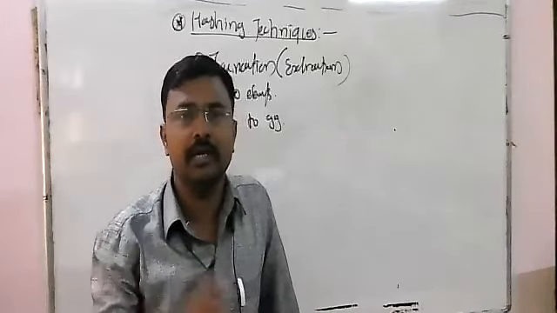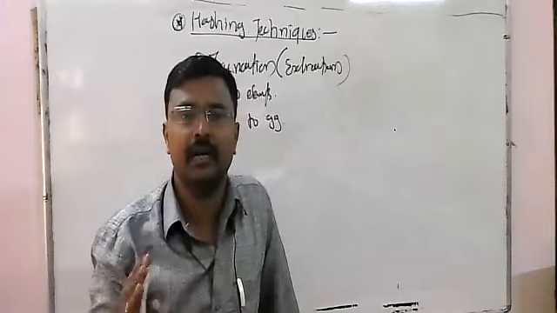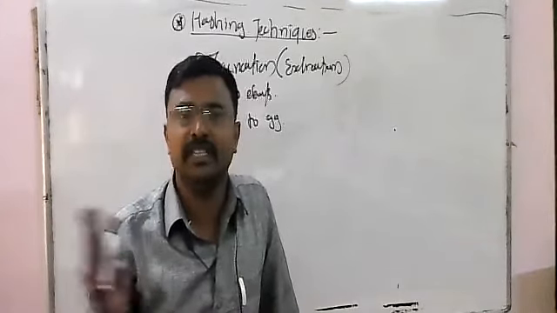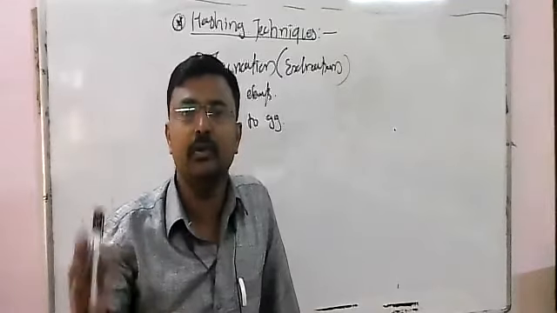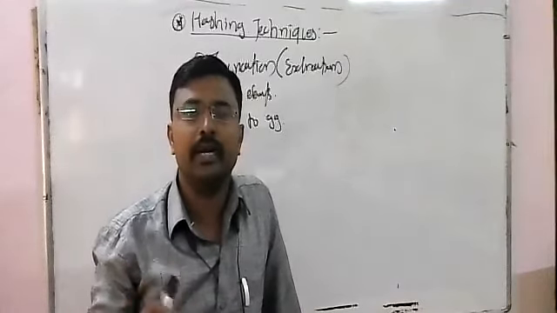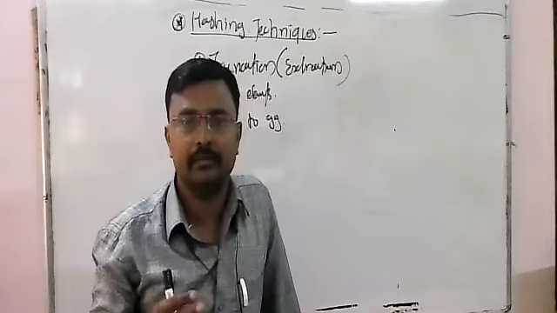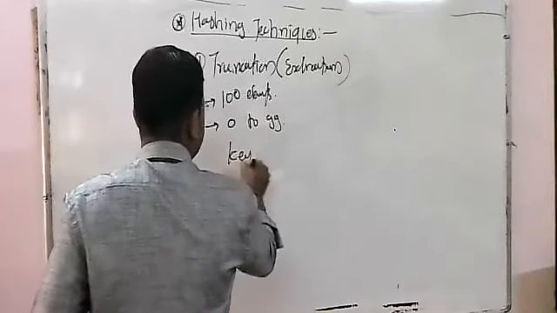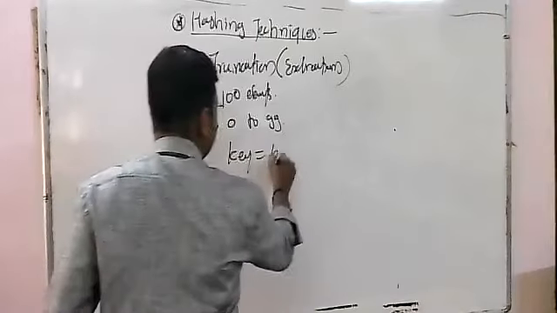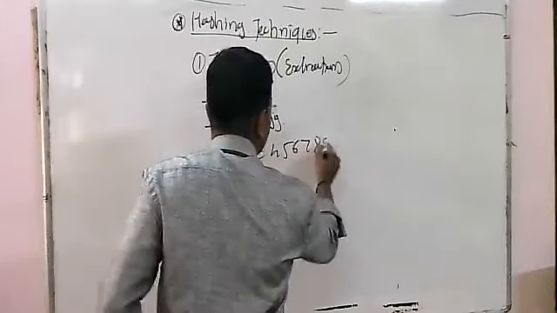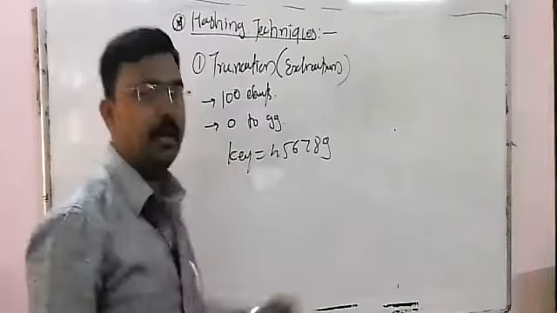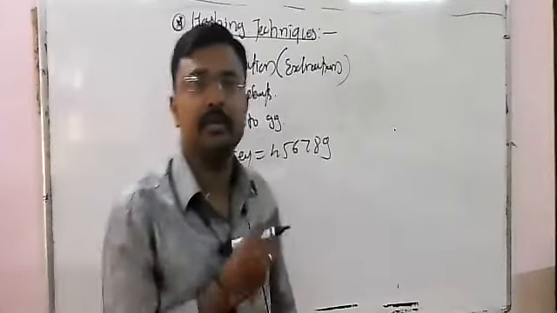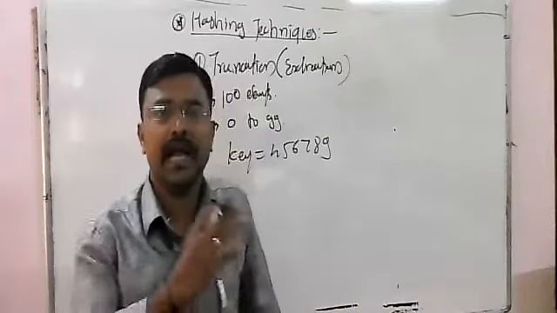From your given element, we select the last two digits, where we can store our element. For example, suppose our key value is like this, and I want to store this value into the hash table.